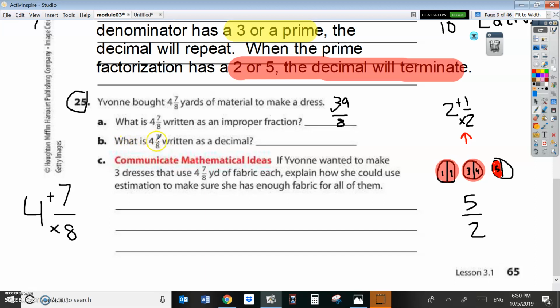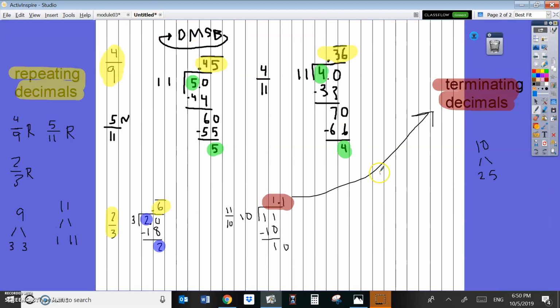What is 4 and 7/8 written as a decimal? Convert this to a decimal. 7 over 8. 7 divided by 8. Put in your decimal and your 0. How many 8s in 70? There's 8. 8 times 8 is 64.